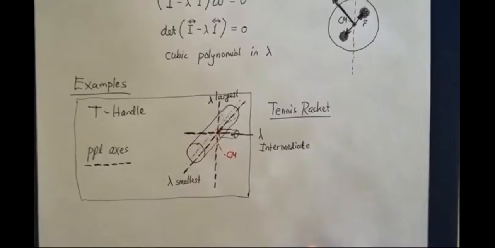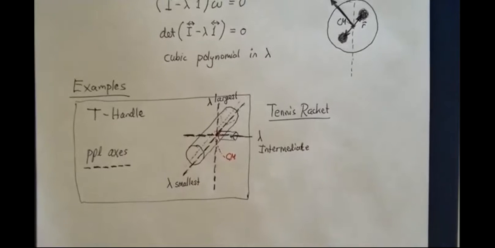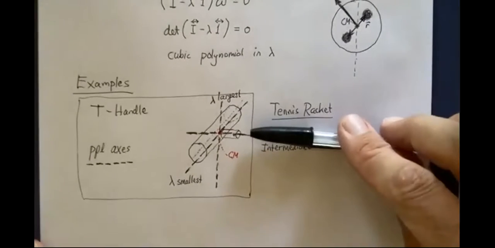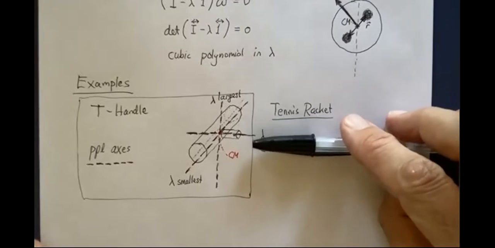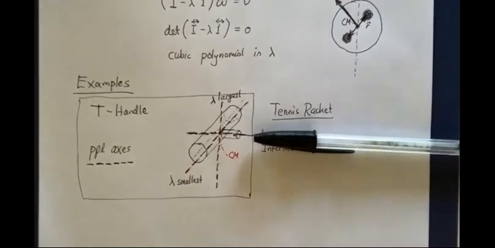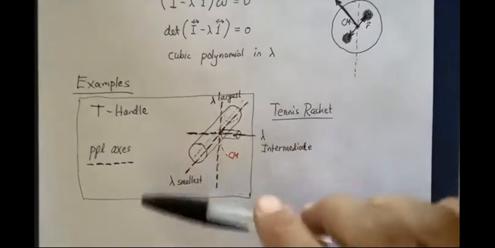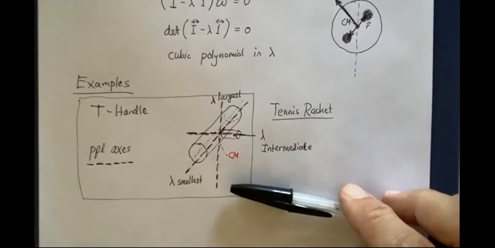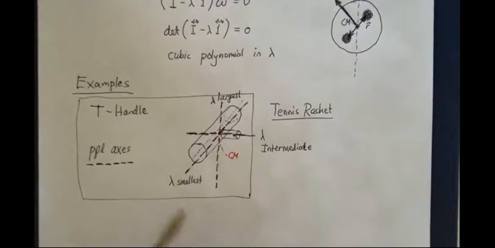And so you see, when an astronaut spins one of these handles about this intermediate axis, this is precisely the setting for the so-called intermediate axis theorem: that principal axis is unstable. Of course, for all three of them, in an ideal world, you can prepare the system to spin steadily about that axis.